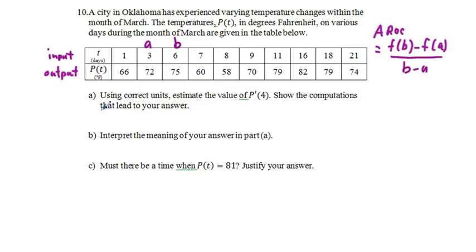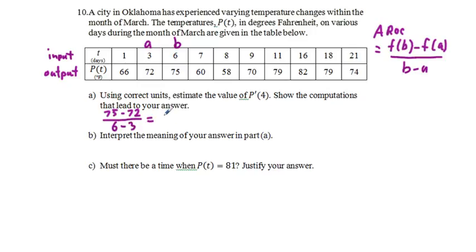So what we have here is f of b minus f of a, and that's going to be f of b is 75 minus f of a, which is 72, over b minus a, which is 6 minus 3.